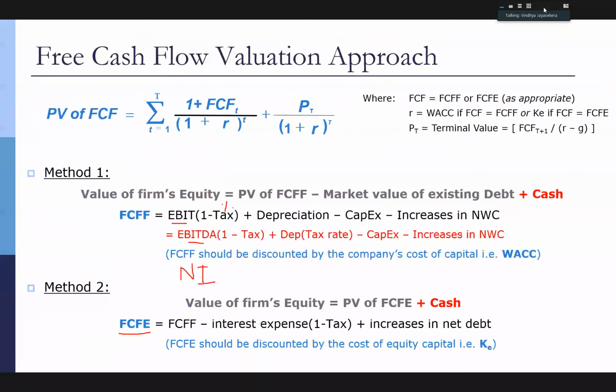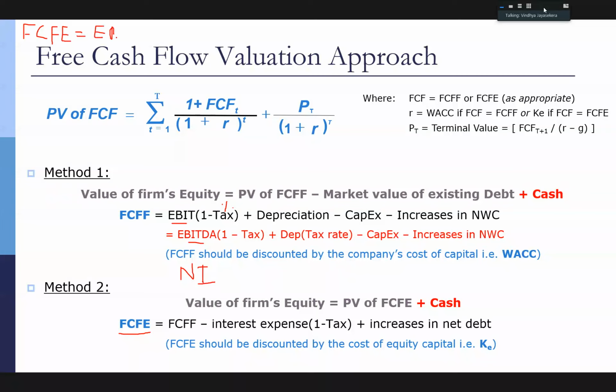So free cash flows to equity is a combination of free cash flows to the firm minus interest expense plus increases in net debt. Look at the equation. Free cash flows to equity, I can rewrite, is actually free cash flows to the firm. So what is free cash flows to the firm?